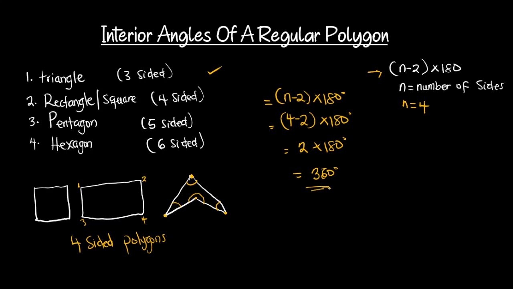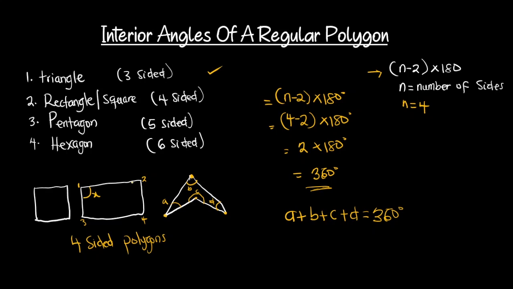Okay, so it's 360. So assuming this angle here is A, the one over here is B, this is C, and this is D. What it means is that my A plus B plus C plus D is equal to 360 degrees. The same thing for this rectangle here.